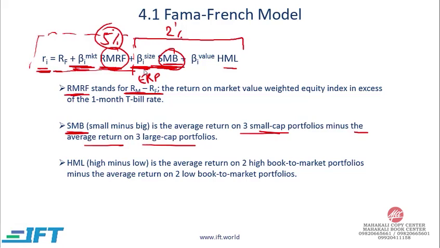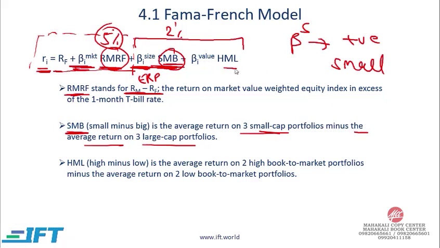Why? Because for a relatively small stock, you are expecting, or requiring, a higher return. So this size beta is going to be positive for a small stock. For an average size stock, beta is going to be 0. And for a large stock, beta is going to be negative.